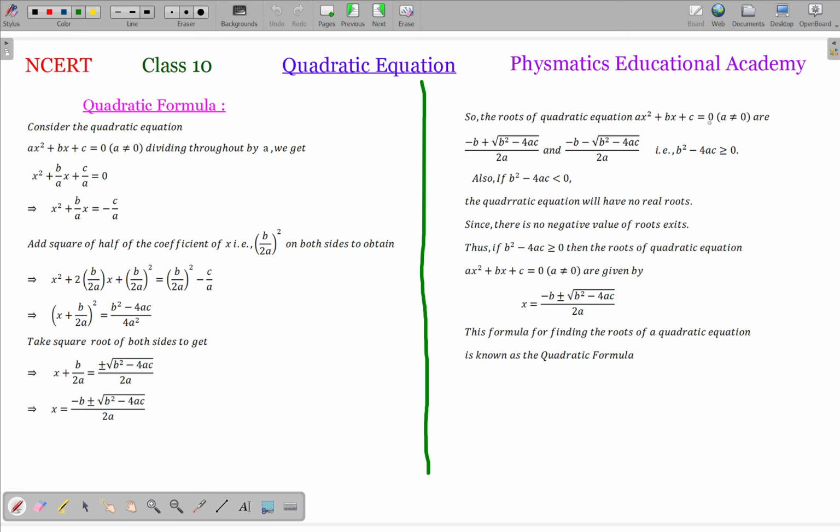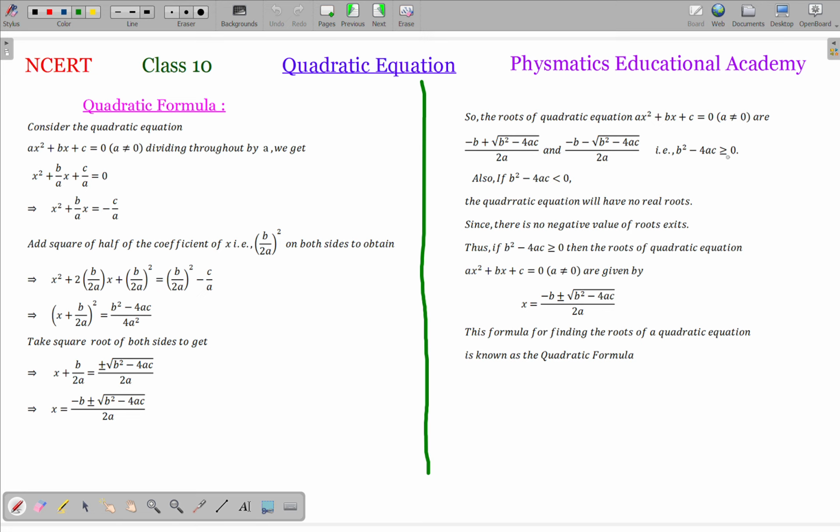So the roots of the quadratic equation ax square plus bx plus c is equal to 0 are minus b plus root b square minus 4ac by 2a and minus b minus root b square minus 4ac by 2a. This is the splitting of this equation.